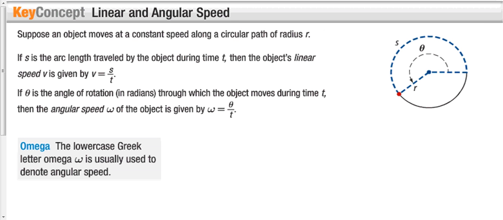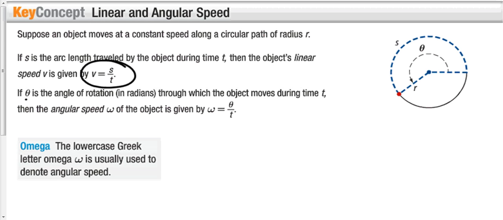There are two formulas for this, linear and angular speed. Suppose an object moves at a constant speed along a circular path of radius r. If s is the arc length traveled by the object during time t, then the object's linear speed, v, is given by v equals s over t, s being the arc length, t being the time.